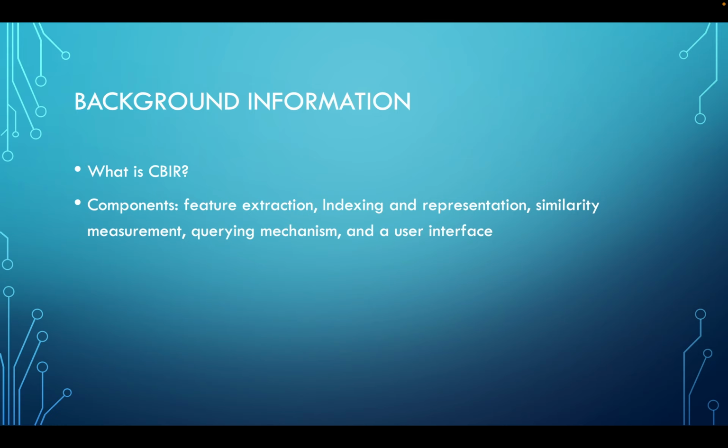What is content-based image retrieval? When we talk about image retrieval, content-based image retrieval represents the paradigm shift from traditional keyword search to a visually driven approach. Unlike conventional methods that rely on textual description, CBIR delves into the inherent visual characteristics of images.